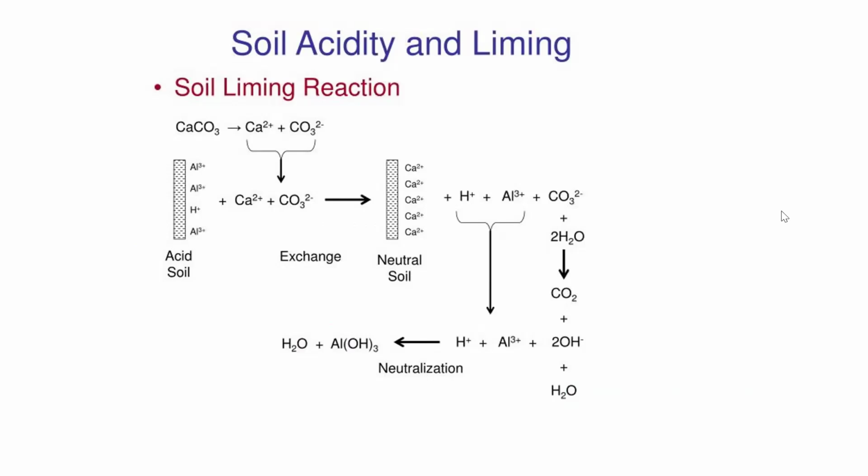The bicarbonate which is released in this reaction neutralizes the soil acidity, thereby increasing the soil pH. First is the calcium carbonate. The calcium replaces the H+ and aluminum ions, making the soil neutral.